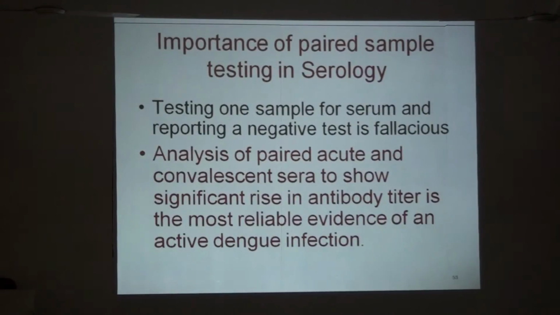The first sample is taken in the acute phase, and the second sample is taken in the convalescent sera. If there is a significant rise in antibody titer, only then does it give evidence of an active dengue infection. Testing one serum sample and reporting a negative test has no value.